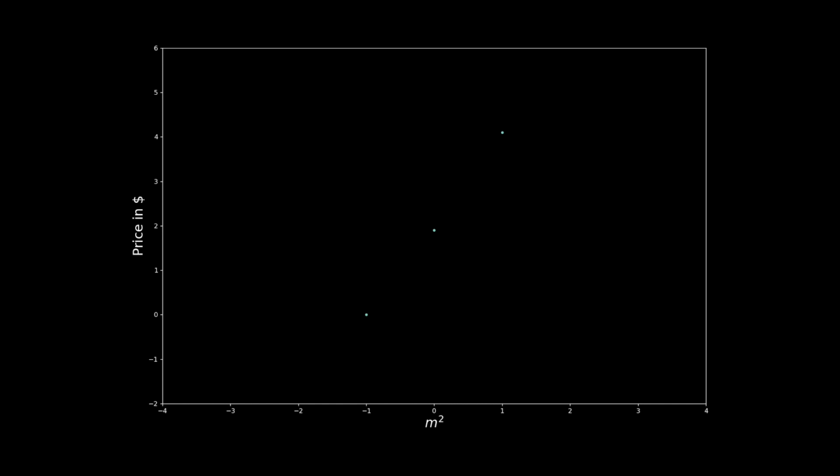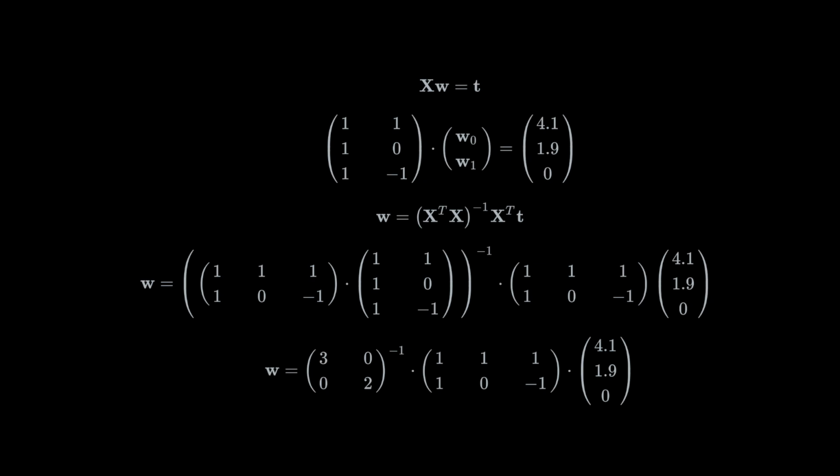In order to show this last drawback, we'll use a toy example. We have to find a valid predictor for a dataset which contains just 3 samples. We solve by means of the closed form solution.